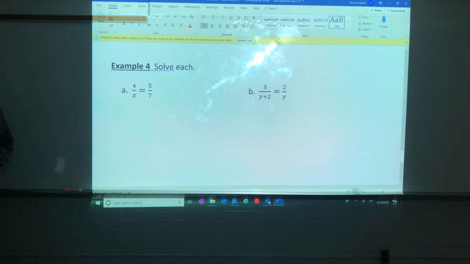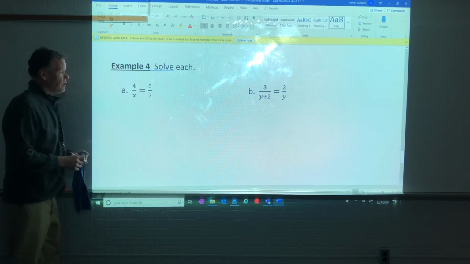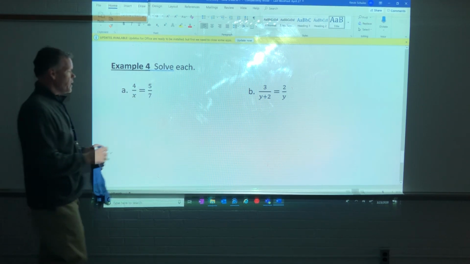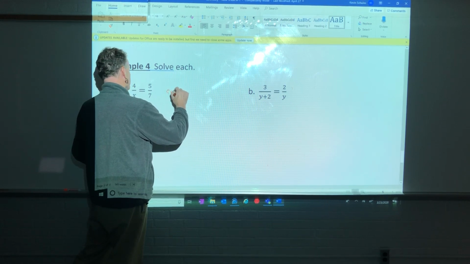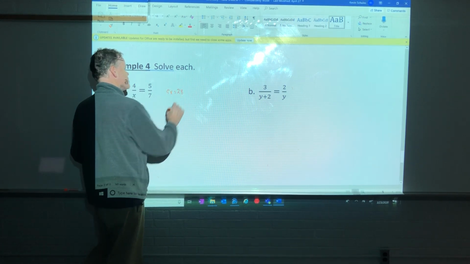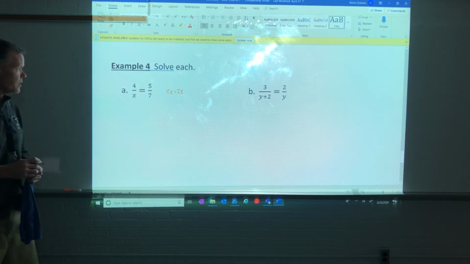Okay, the first one that we have here, if we look at 4 over x equals 5 over 7, again, you would just multiply the 4 times the 7, 28, and the 5 times the x. So the 5x equals 28. Most of the ones I'm going to give you, you won't have a decimal answer like you do in this one.